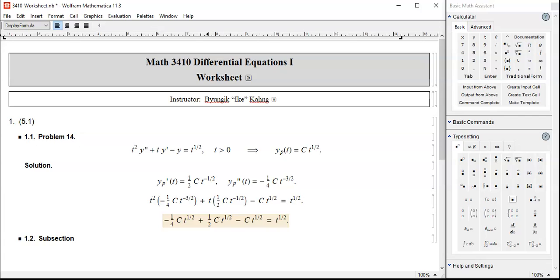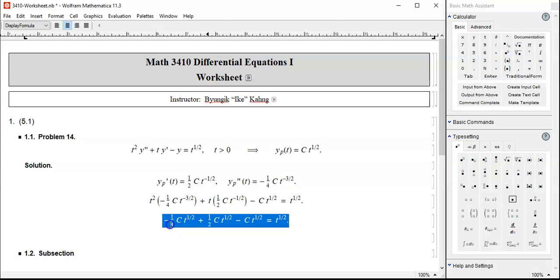Okay, do you see something in common? Of course, t to the 1/2 power is common. If that's constantly 0, then of course we'll have just a single point, t equals 0, but then again, t is greater than 0. We don't have to worry about that. So remove all those.